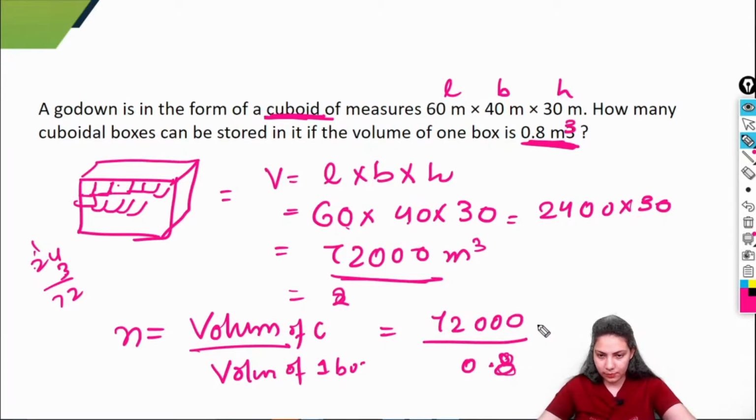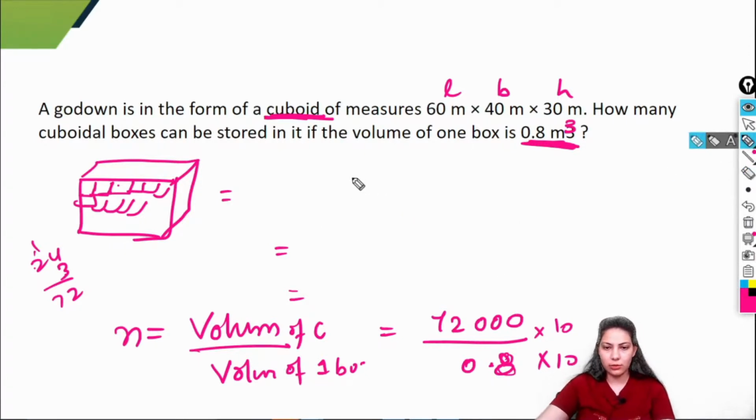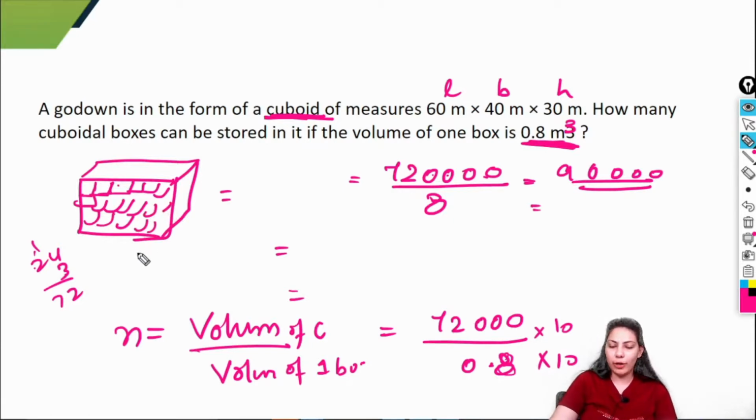Multiplying by 10 and 10, it simplifies to 72,000 by 8, which is 64. Okay, so this many boxes would be required to occupy this whole cuboid.